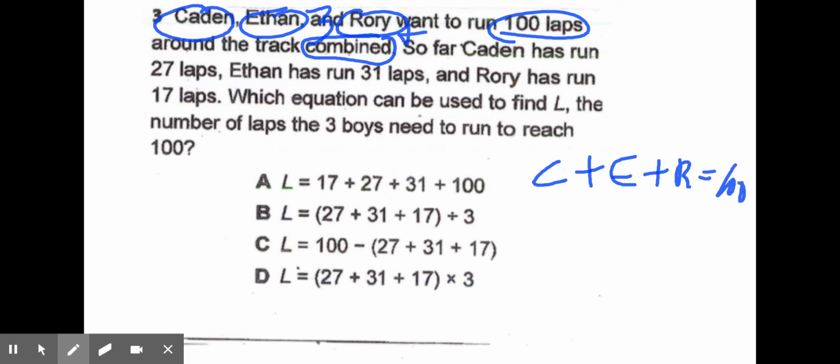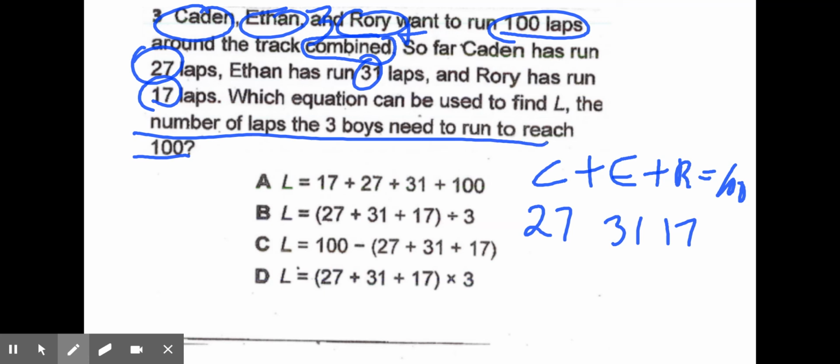So far, Caden has run 27, so I'm going to put a 27 for Caden. Ethan has run 31, and Rory has gone 17. Which equation can be used to find L, the number of laps the 3 boys need to run to get to 100?